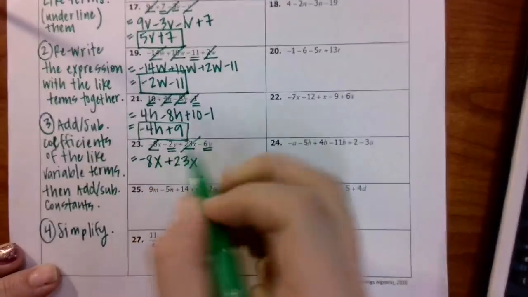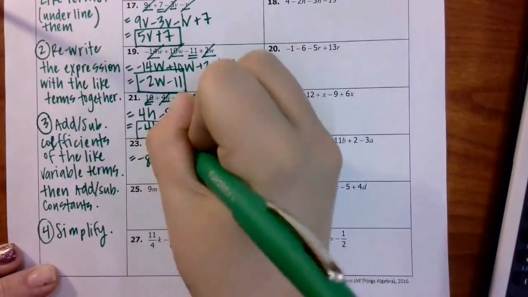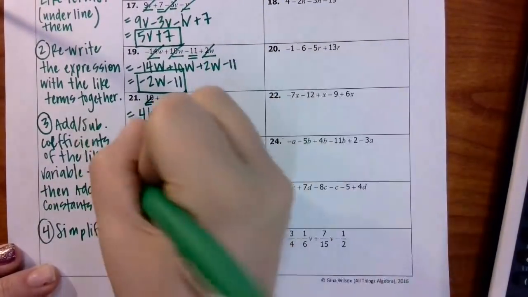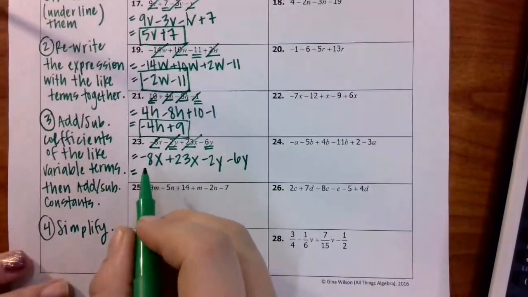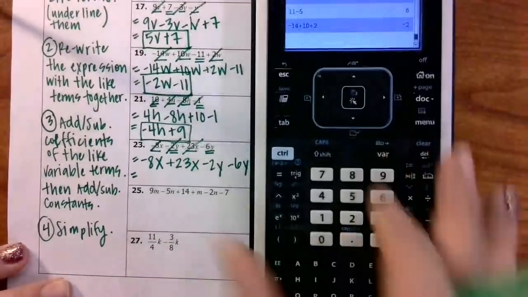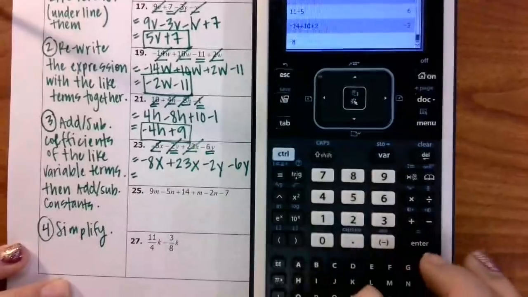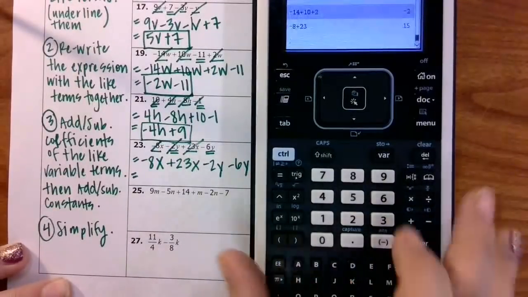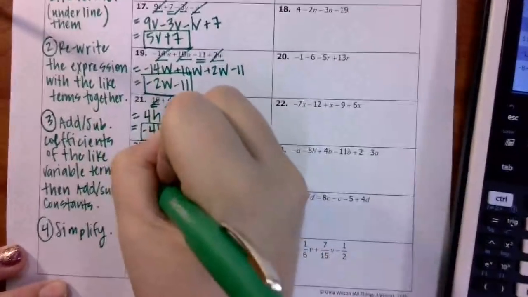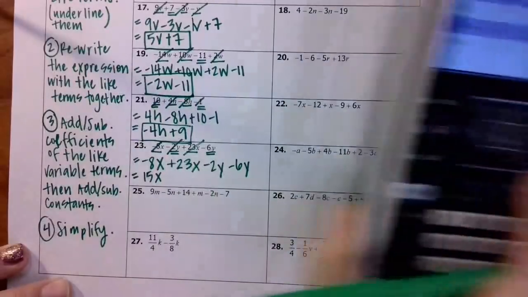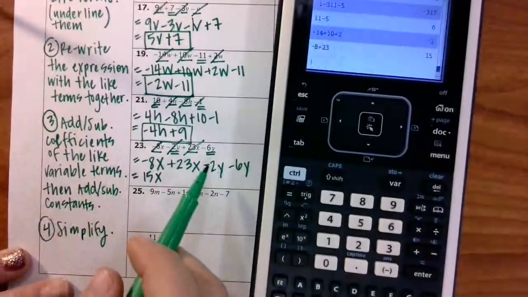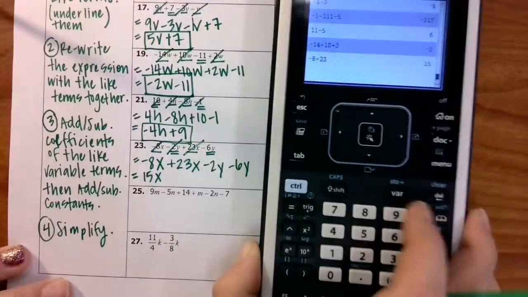Minus 2y minus 6y. I'm going to combine the coefficients of my x variables, so negative 8 plus 23 gives me 15, so 15x. Now I can't combine my y's with my x's because they're not the same. They're not like terms, so I'm going to do those separate.